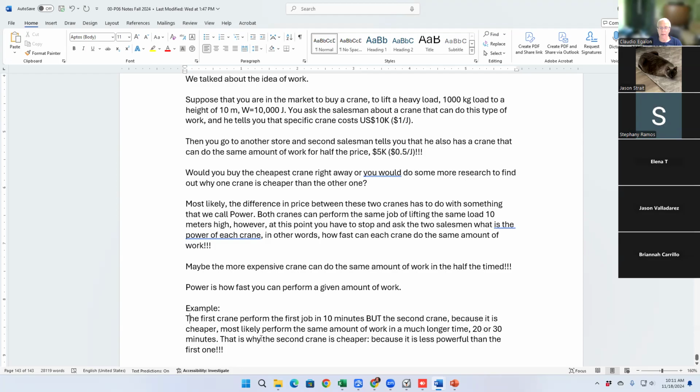But the second crane, because it's cheaper, most likely it will perform the same amount of work in a much longer time, 20 or 30 minutes, right? Okay, let's put here 20 minutes. What is the power of each one?